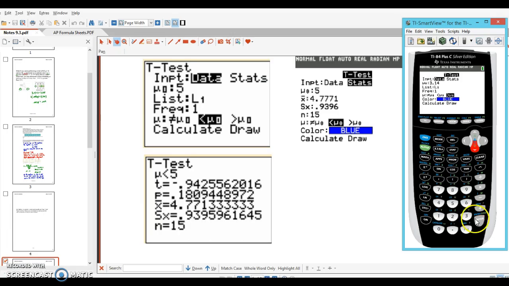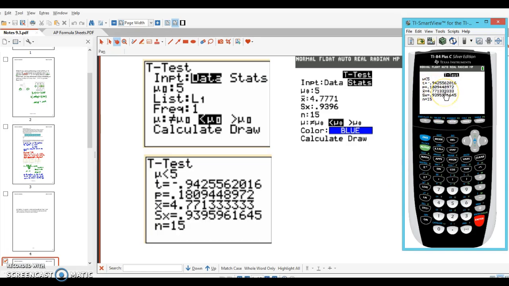I will have to enter what my average in my hypotheses is, because there's no way for the calculator to know that just based on the data. So my mu in my hypotheses was 5. My data are in list 1. My alternative hypothesis is less than 5, and then hit calculate.